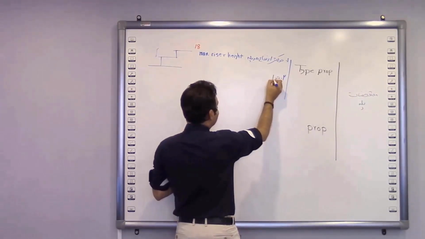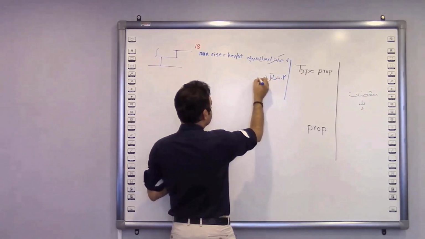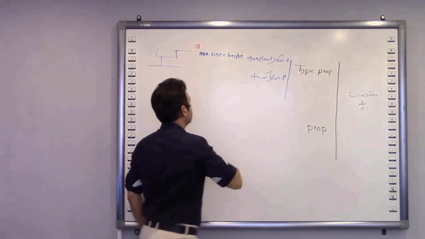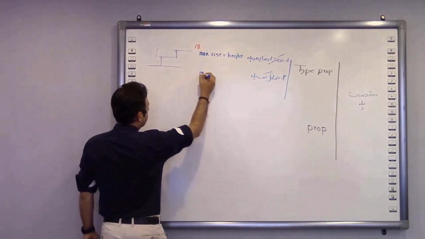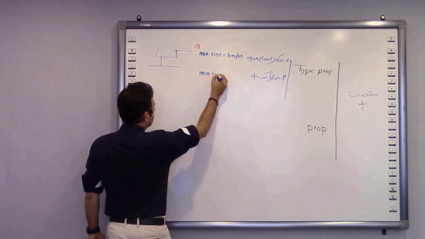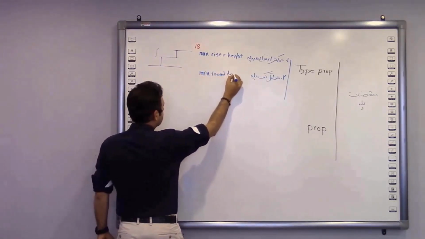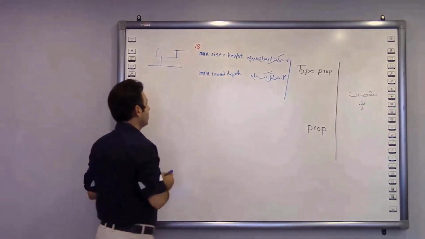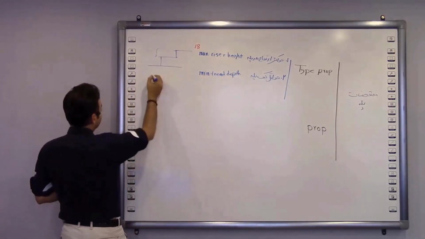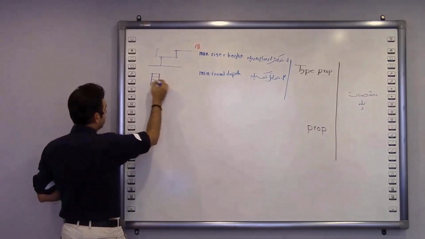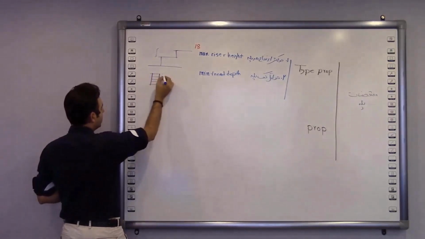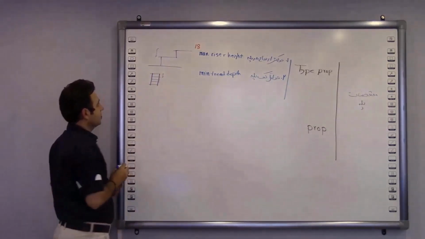Now, number 2. The minimum tread depth. That's right, the minimum tread depth. And actually, if this is our stair plan, we should say this must have a minimum.